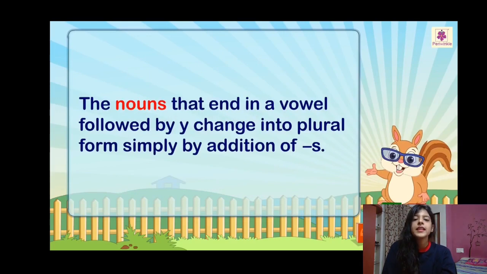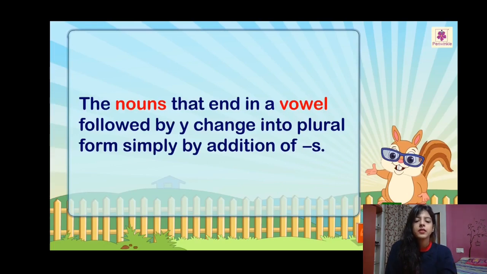The nouns that end in a vowel followed by y change into plural form by simply adding s. Like we saw previously, we talked about consonants, but now we are talking about vowels followed by the letter y.